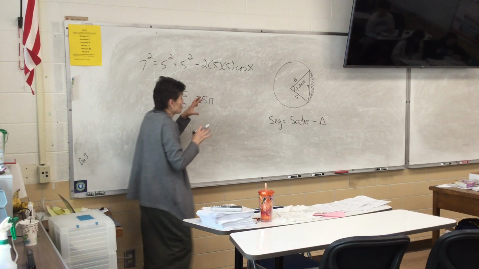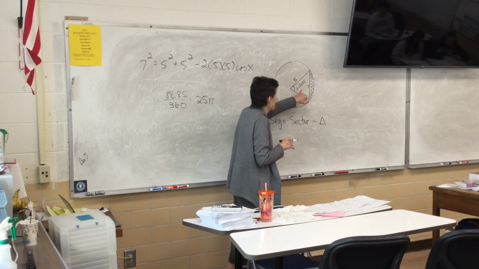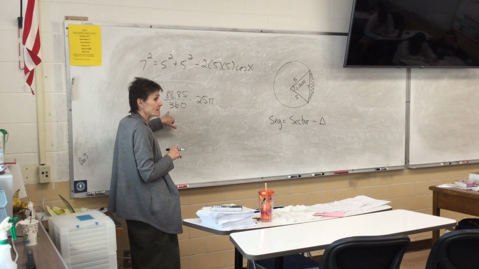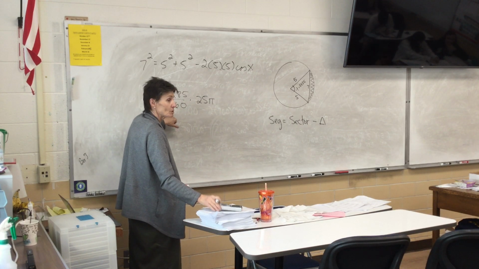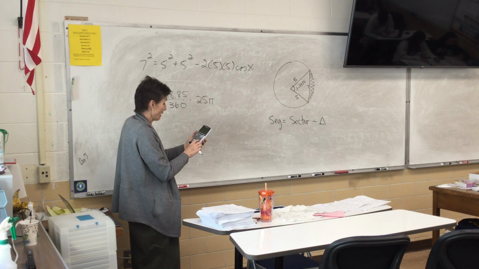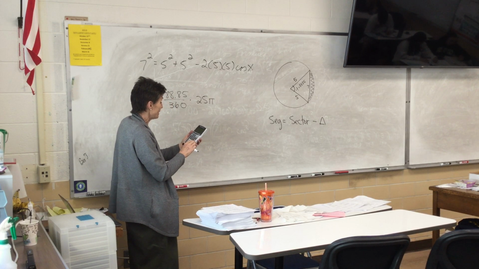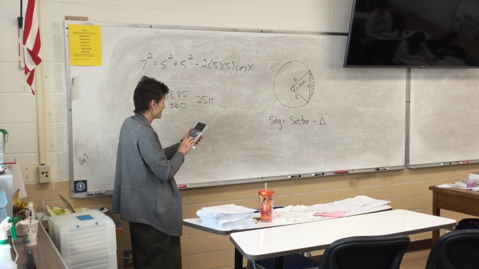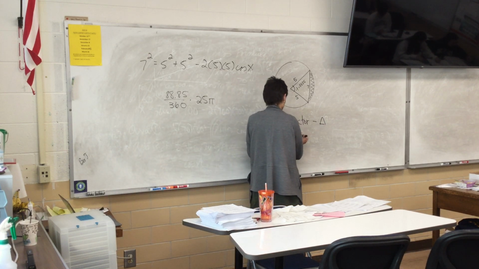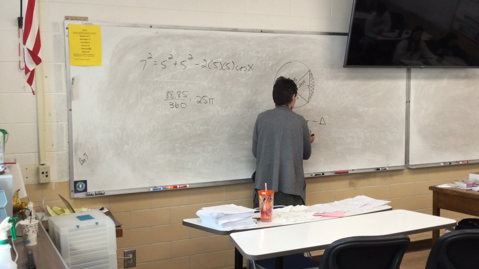So the fractional piece that I'm getting is 88.85 over 360. So I'm just going to take the number that's in my calculator, divide it by 360 and multiply it by 25 pi. And the area of the sector is 19.38.